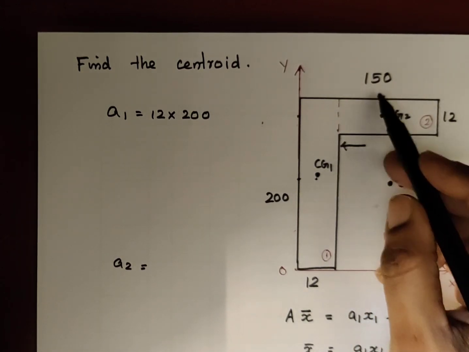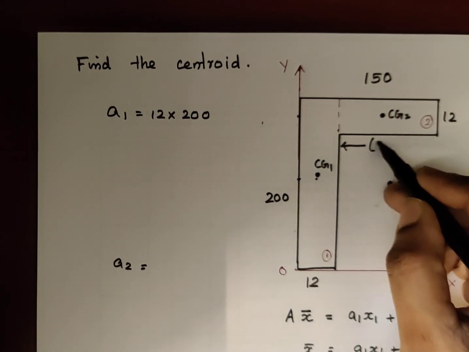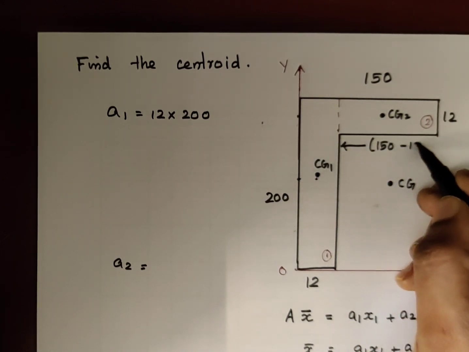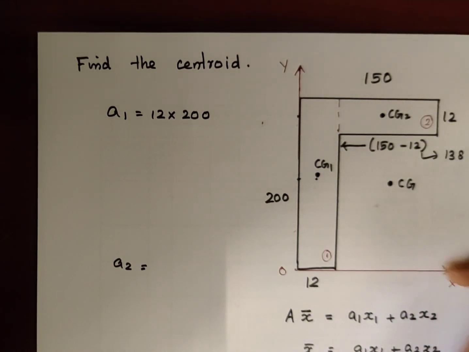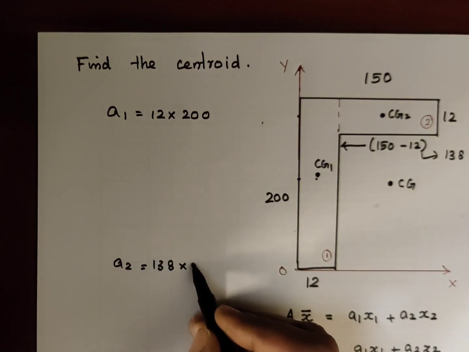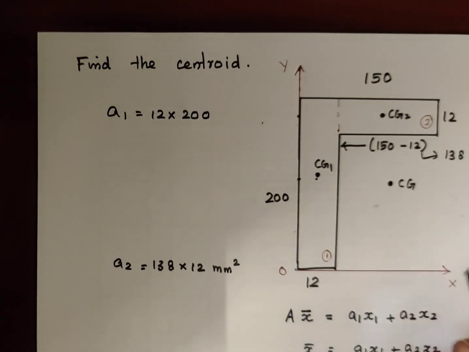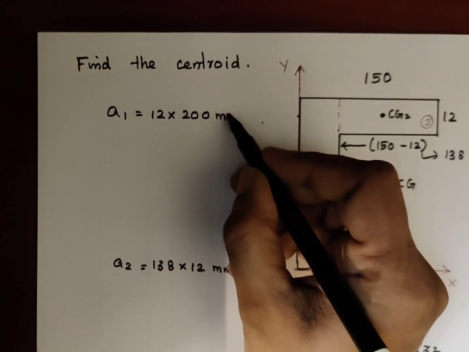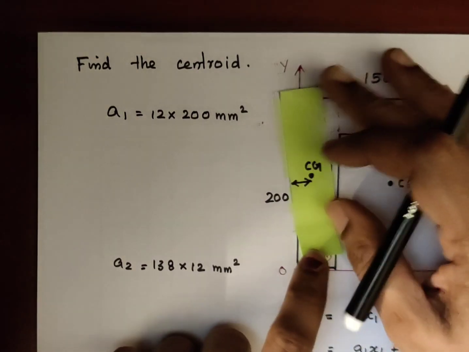This total length is 150, so 150 minus 12, that is 138. So 138 into 12. I can assume all the dimensions in millimeters, so here the unit is millimeter square. The next step is to calculate the value of x1.